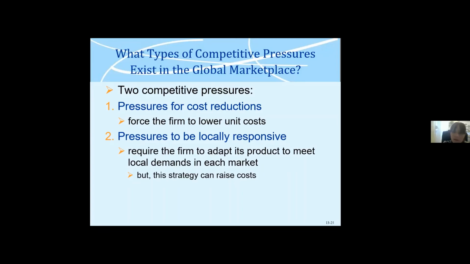Because differentiation across countries can involve significant duplication and a lack of product standardization, it may raise costs.